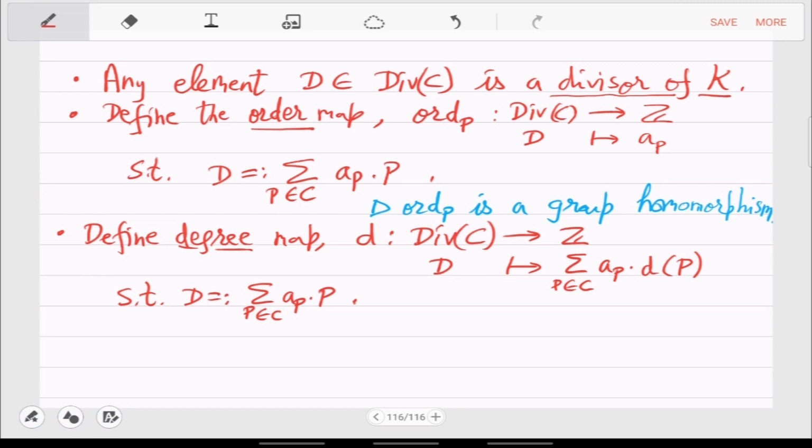So, how big the cloud is, you have to put that weight there because you want to keep track of the count of finite field points properly. So, that is the motivation. Of course, you may not be able to see that immediately, but there is some intuition for this. This is also a group homomorphism.